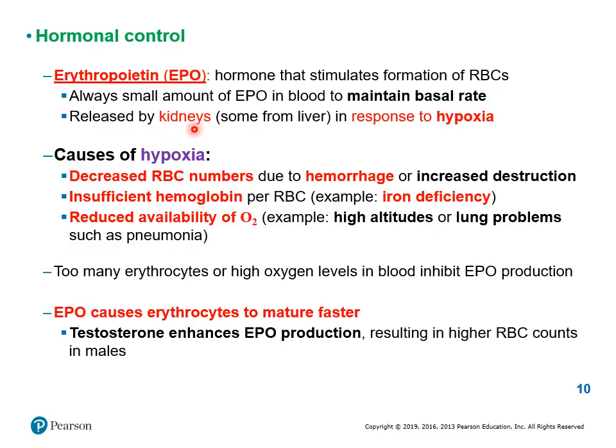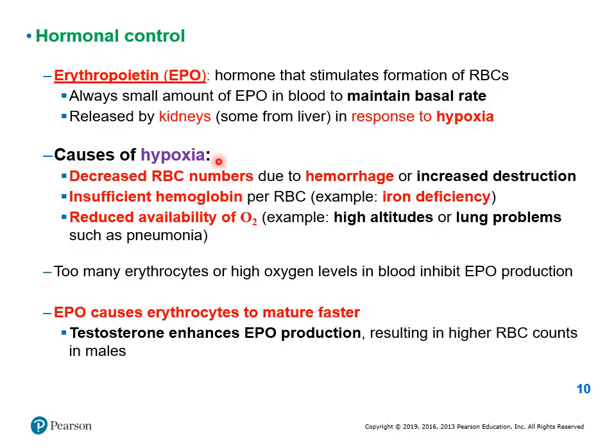The kidneys are actually very good for sensing the concentration of oxygen in the blood. If the kidneys feel that there is not enough oxygen in your red blood cells, they will start to produce the erythropoietin. So the kidneys really respond to levels of hypoxia, okay?